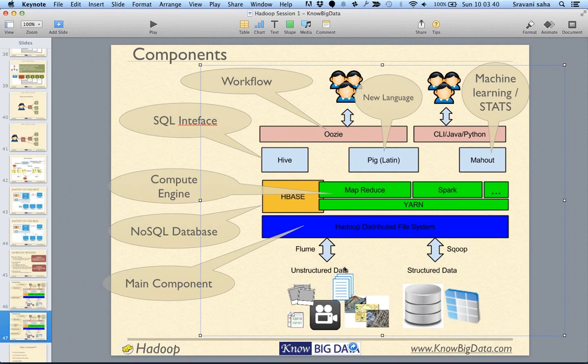But in case you have to move unstructured data, say Apache logs, from all of your web servers continuously and immediately, then you will use a thing like Flume. Also, in case you are downloading data from a web crawler or from any other way, you will use Flume to continuously push that data to HDFS or HBase. It will be up to you absolutely. All right. So this is the ecosystem.